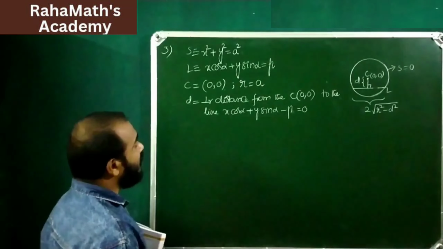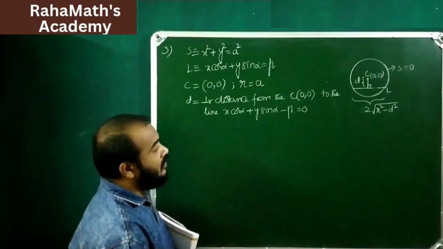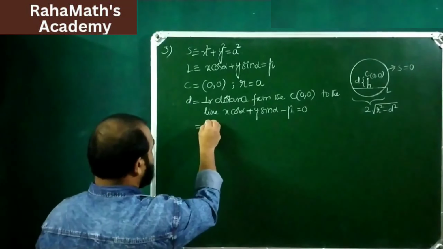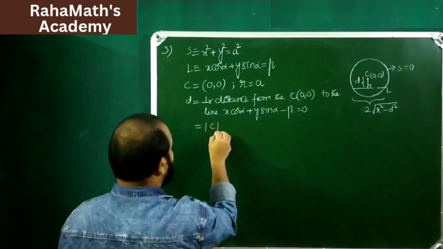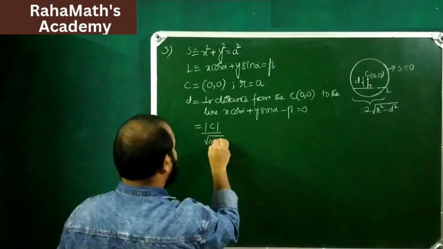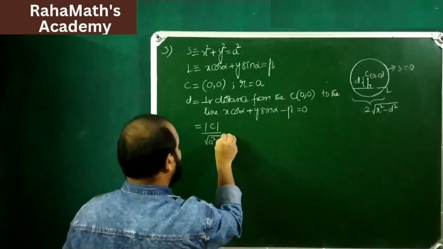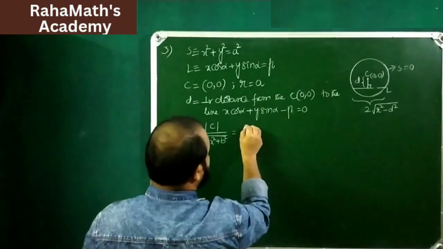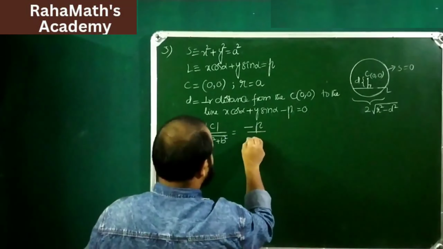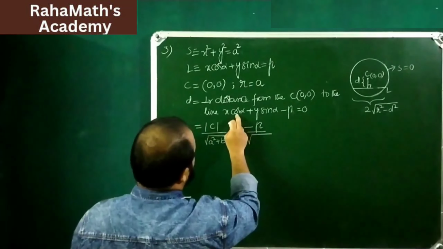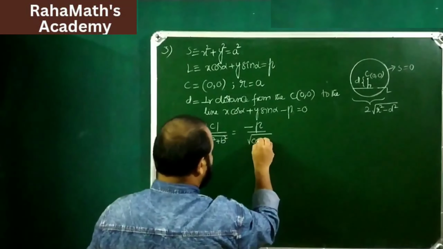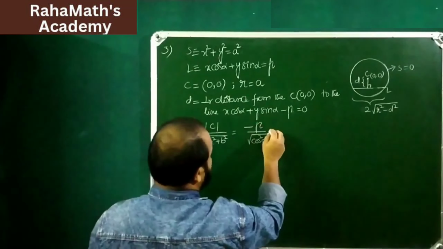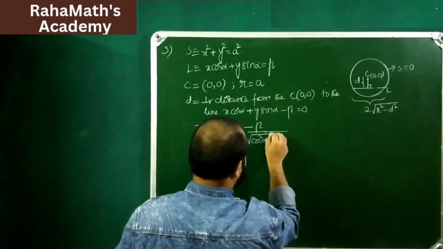So what is the perpendicular distance from the center to the line ax plus by plus c equals to 0? Modulus of c by square root of a square plus b square. c is the constant here, minus p by square root of square of the coefficient of x, cos alpha whole square, cos square alpha plus square of the coefficient of y, sin alpha whole square.